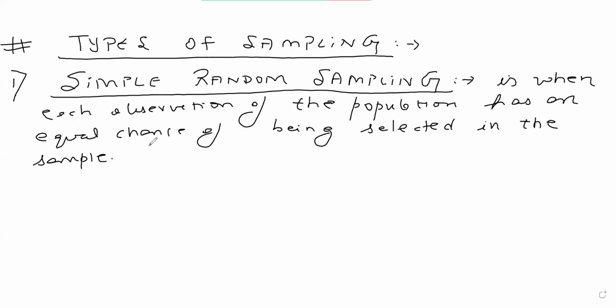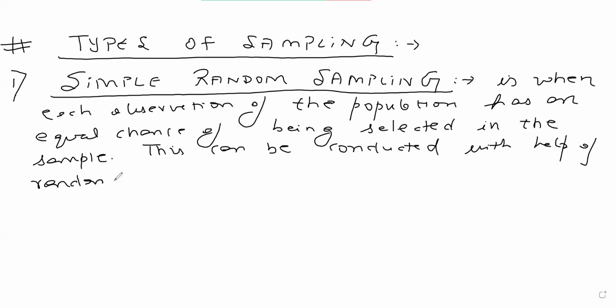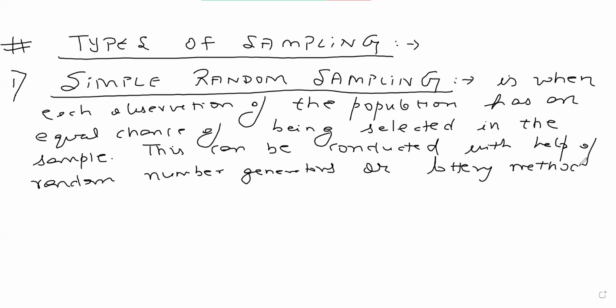Okay, and this can be conducted with the help of the random number generator. These days we have Excel, where on Microsoft Excel you can have a random number generator, or the lottery method, where you can put all the candidates, the names of all candidates in a jar. You can mix them and you can randomly call out names.